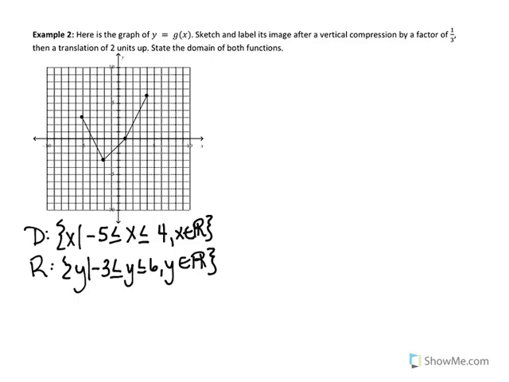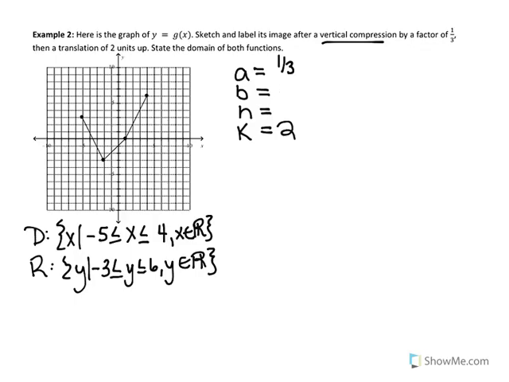So we have a vertical compression by a factor of 1/3. So that means our a value is 1/3. A translation of 2 units up. So our k value is plus 2. And that's it.